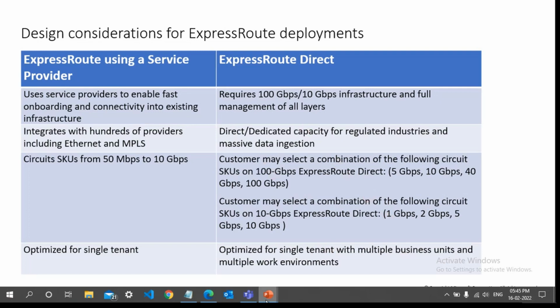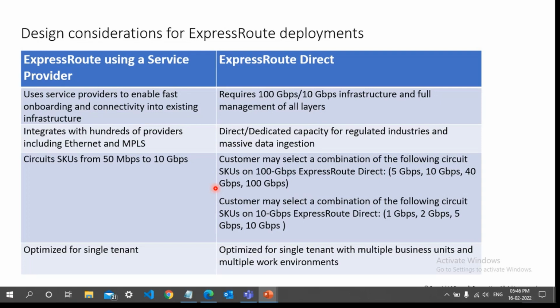That means from layer 1 to layer 7, from the physical layer to the application layer of the OSI model, you have full control. Then you decide what kind of cables are laid down, and also you have MACsec. That means you can enable encryption at layer 2, where we use MAC addresses. So with this, even if you have your own cables attached, the data flowing into that cable is in an encrypted manner through MACsec, right?